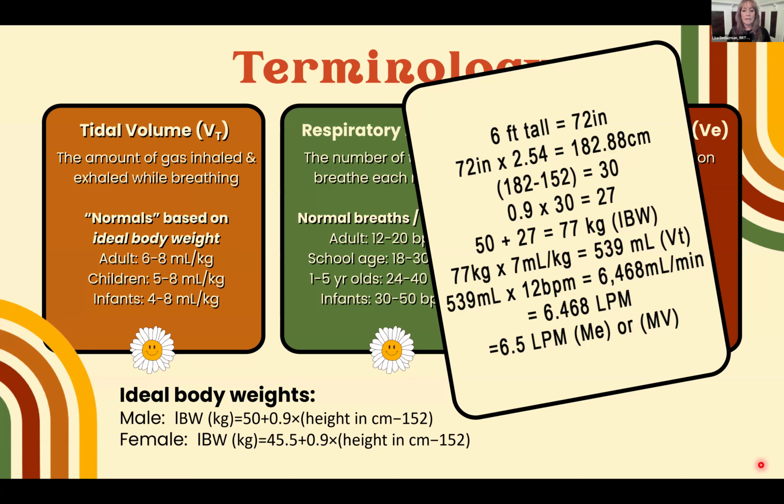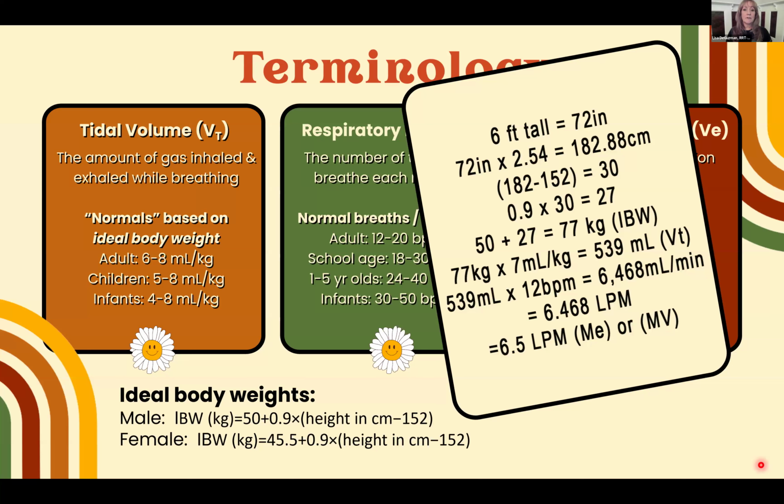Just rounded it down to 182. So we go back to the parentheses, 182 minus 152 gives us 30. Back to the multiplication, so that 30 times 0.9 is 27. And then back to the male formula, which is 50 plus that number. So 50 plus 27 gives us 77 kilograms for our ideal body weight.